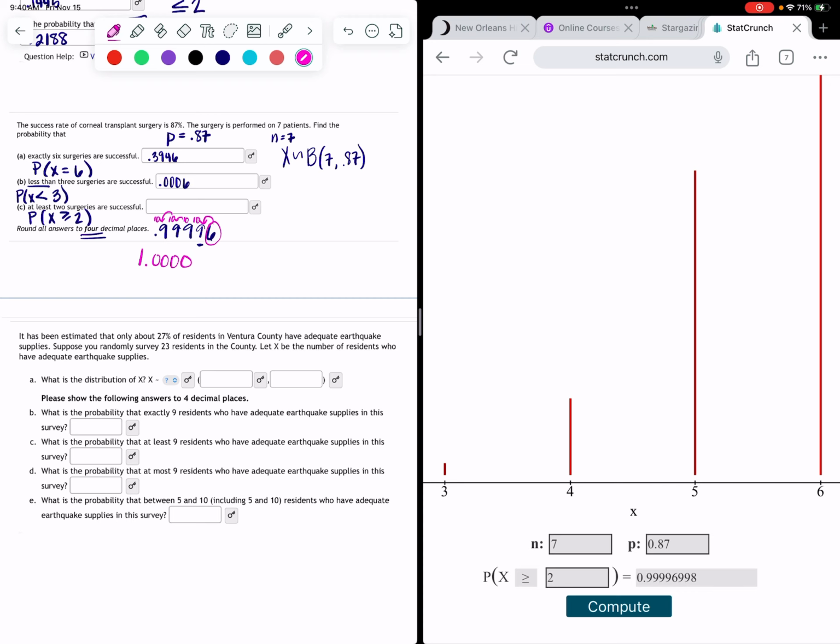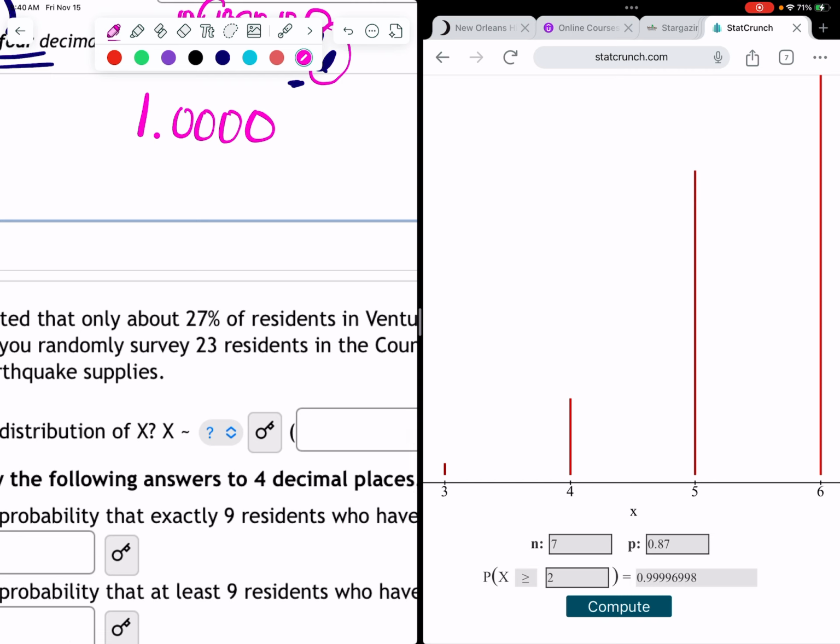It looks like, let's see, it has been estimated that about 27% of residents in Ventura County have adequate earthquake supplies. Suppose you randomly survey 23 residents in the county. Okay. Well, I see a fixed number of trials.